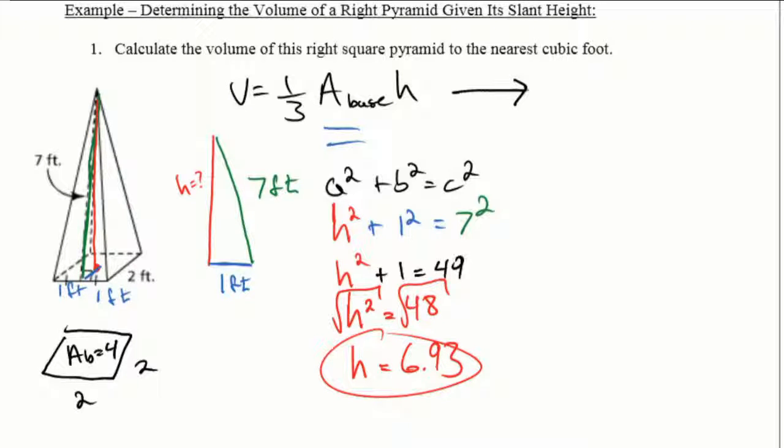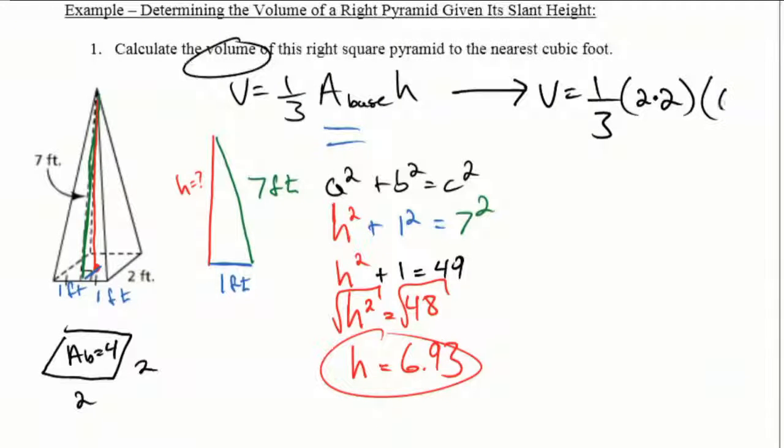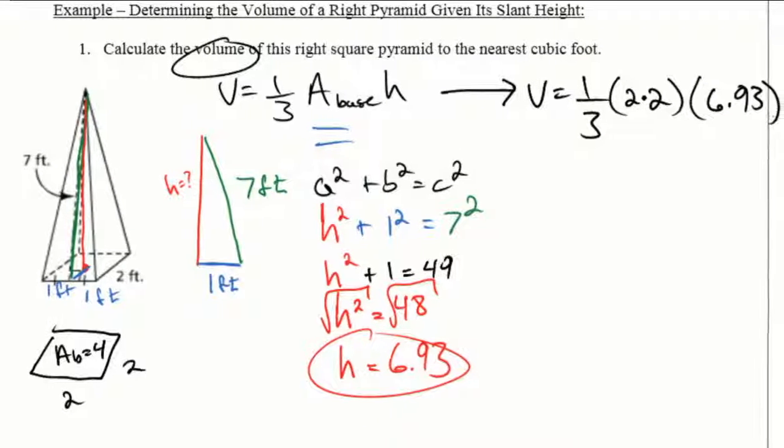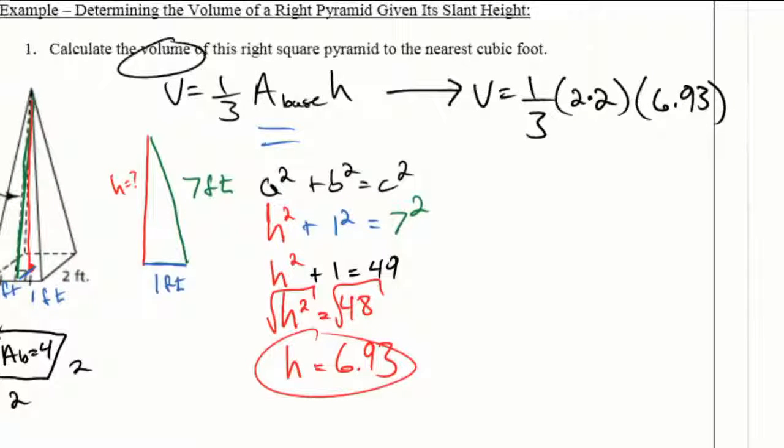I'm just going to plug some numbers into my formula here. So the volume, because it's asking for the volume to the nearest cubic foot, is 1/3. Area of the base is, I'll write it as 2 times 2. And then the height I just calculated to be 6.93. That's 1/3 times 4 times 6.93.